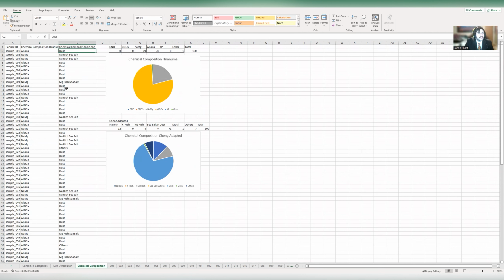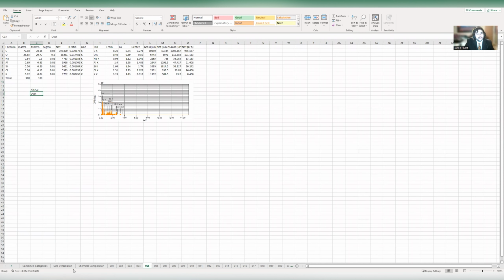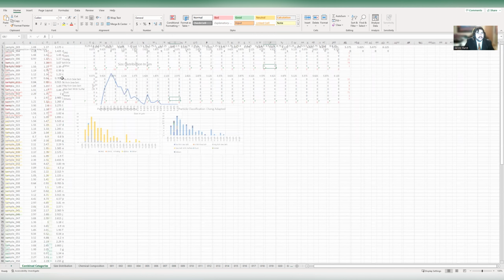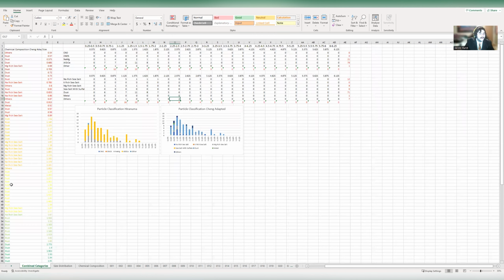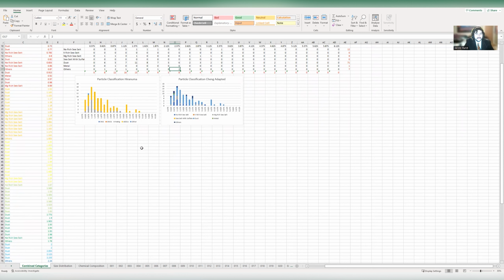I used to have to calculate all of this stuff manually by going through here and looking through each particle's individual data, adding it all, and basically just having to do a lot of manual labor for this kind of stuff. And yeah, obviously I still have to calculate the size manually, but it used to take me a lot longer to do this kind of stuff and make the combined categories, and I'd have to color code everything and basically count it after I color coded all the size ranges.